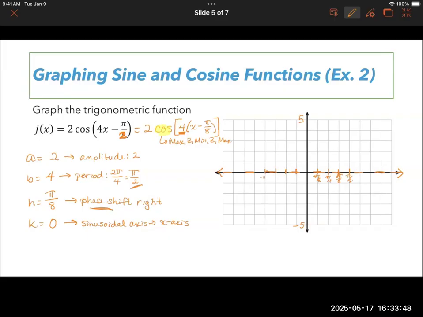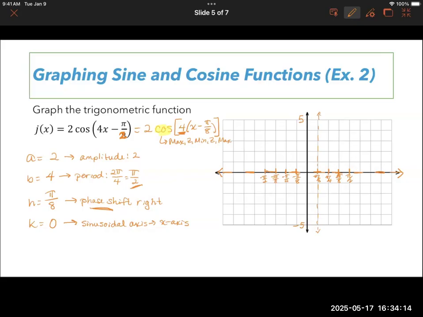So I've got negative pi over 2, negative 3 pi over 8, negative pi over 4, negative pi over 8. Okay, but then here at pi over 8, I'm going to have sort of the new y-axis. This is where the pattern is going to start from because of that phase shift.